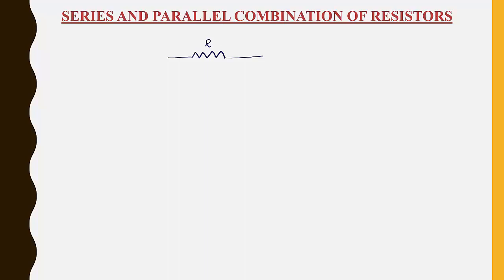Now the question is, can we combine more than one resistor to get a desired value, to get a desired result? Yes, the answer is right. We can combine more than one resistor to get the desired value. We can combine more than one resistor in two manners. What are those two manners?